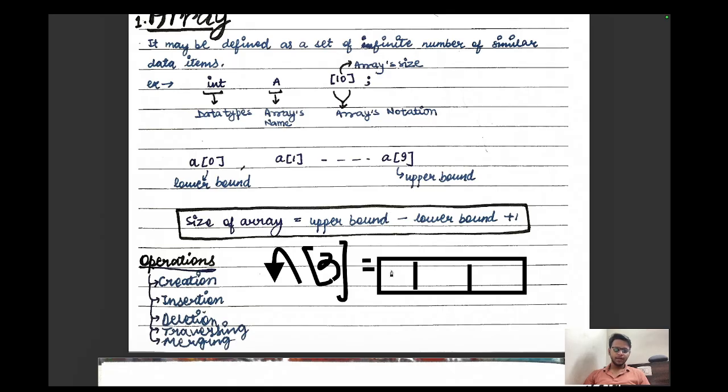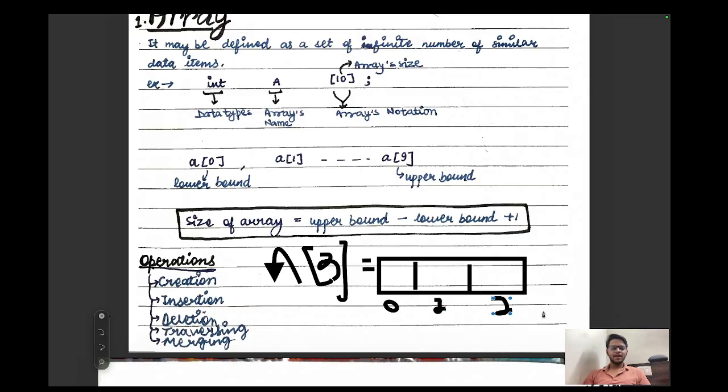So in this array, we have three blocks, but in the memory, the indexing of an array always starts with zero. So if we have three elements, and the indexing is starting from zero, then we have the first block as zero, the second block as one, and the third block as two.